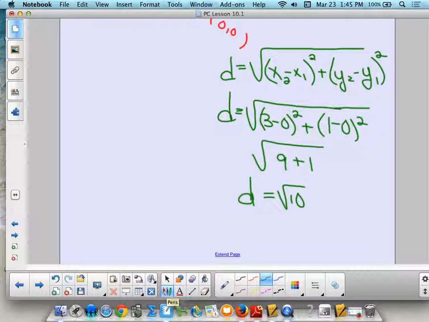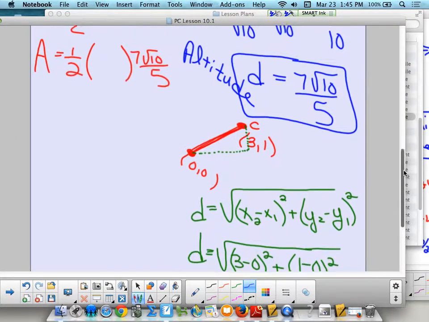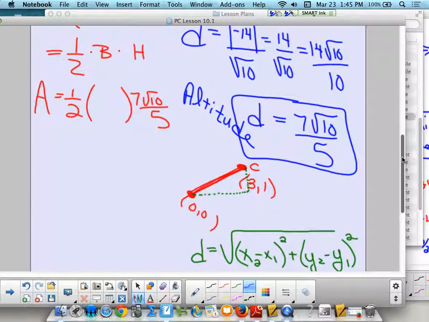By the way, what did I just find? That's the base. You just found the base of your triangle, which you'll go back up and put into your area formula, square root of 10 over 1. This should be easy for us.